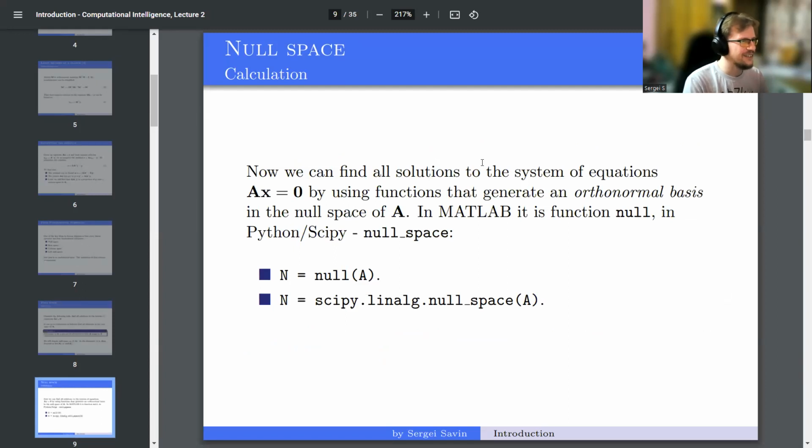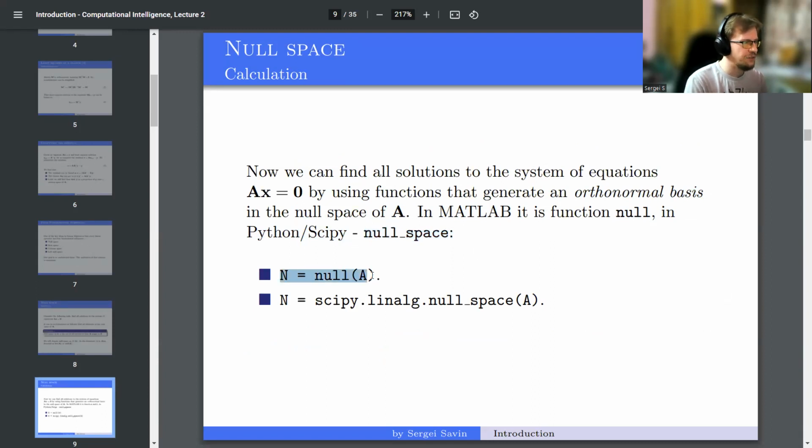All right, how do you find null space? Well, we can generate orthonormal bases in the null space of A. In MATLAB, the function that does it is called null. In Python or SciPy, it is called null_space.